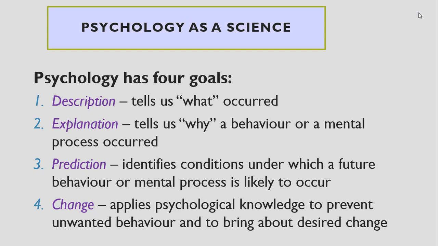So the goals of psychology as a science are to describe what's happening in a certain situation, so observing someone's behavior and then just describing what is happening, to explain why that might be happening, so to explain a behavior or a trait or some kind of social issue, to predict what might happen in the future with different people, and then to change behaviors so it doesn't occur in the same way as it might do without some kind of intervention. So those are the aims of psychology.